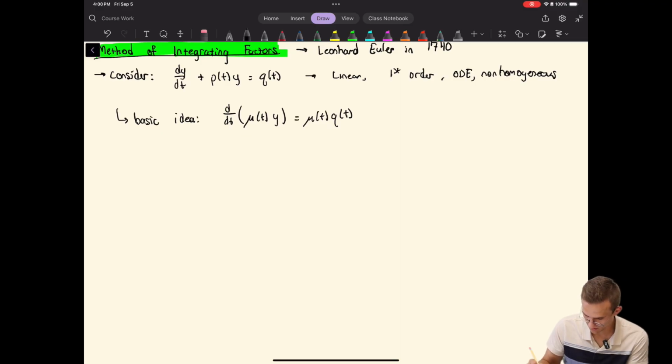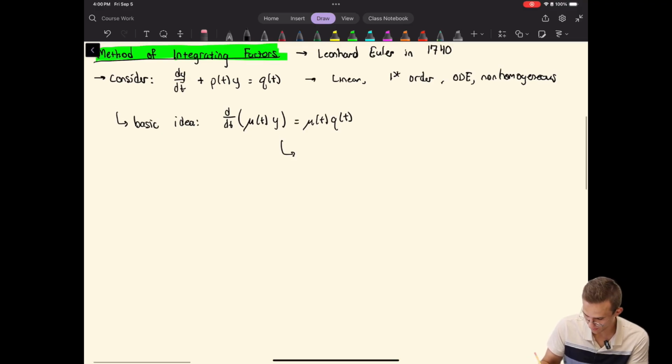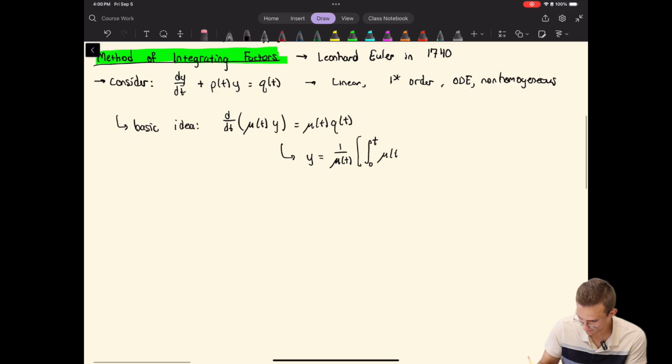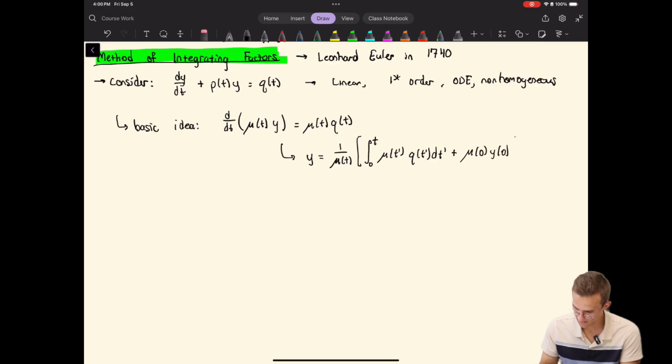And then we can just solve for y by integrating the right-hand side and then dividing by mu(t), right? So if we can get the equation into that form, then the solution becomes straightforward. And again, we're using primed coordinates here just as a dummy integration variable. Comes mu(0), y(0). So you can get that solution.